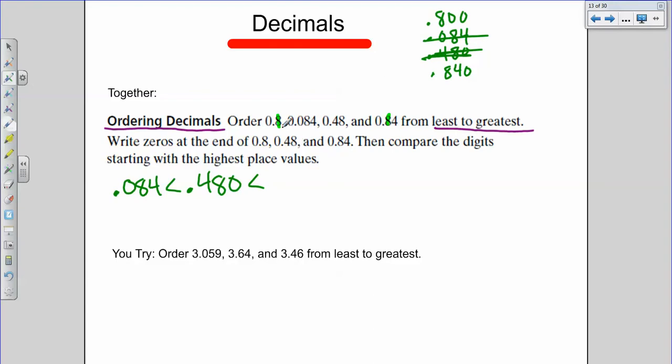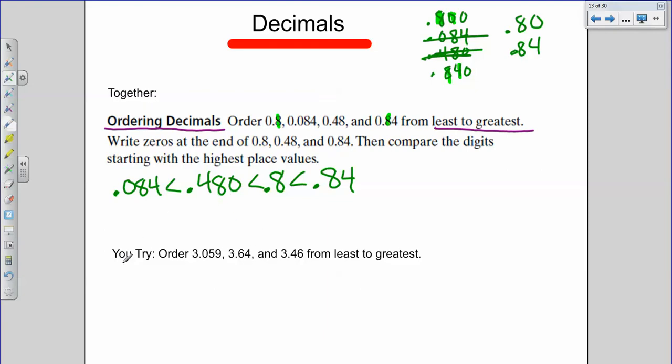So 480 thousandths. Now I'm looking at the hundredths place value, right? So my 8 is the same, so I have to go to this number. So 0 is less than 4. So 8 tenths, and then my biggest number is going to be 84 hundredths. And again, I can think about that as 80 cents is less than 84 cents. Okay, so that's how I'm going to order decimals.